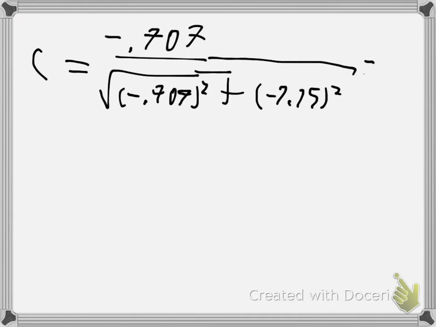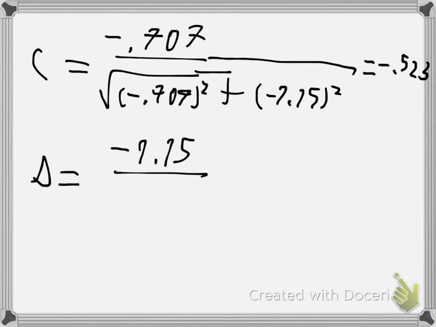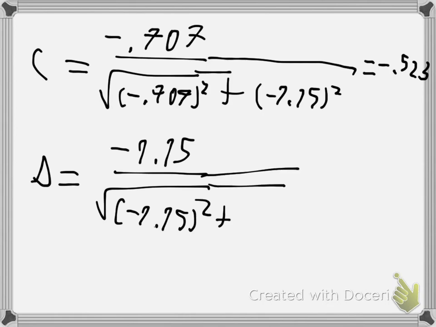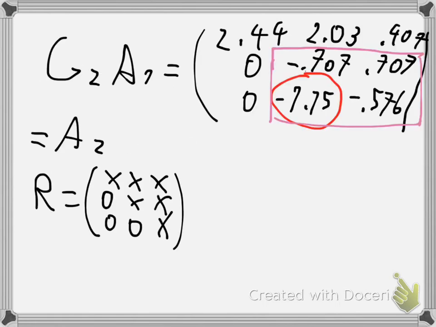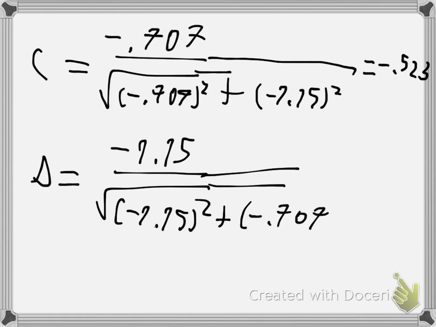This will get us minus 0.523 roughly, and sine will be equal to the element you want to eliminate, so minus 1.15 over the square root of minus 1.15 squared plus our top element, so in the submatrix, minus 0.707, which will get us 0.851.